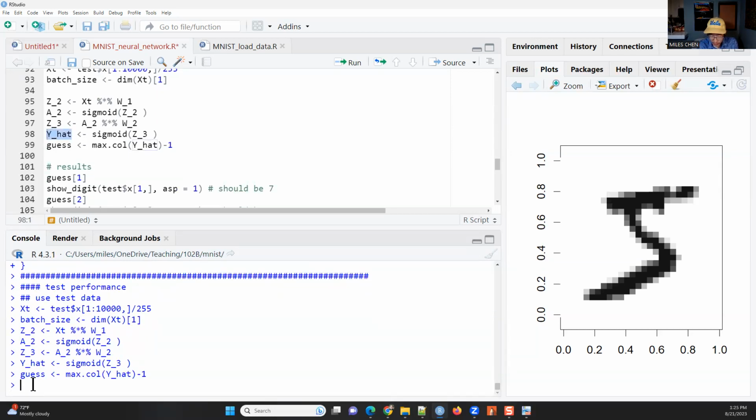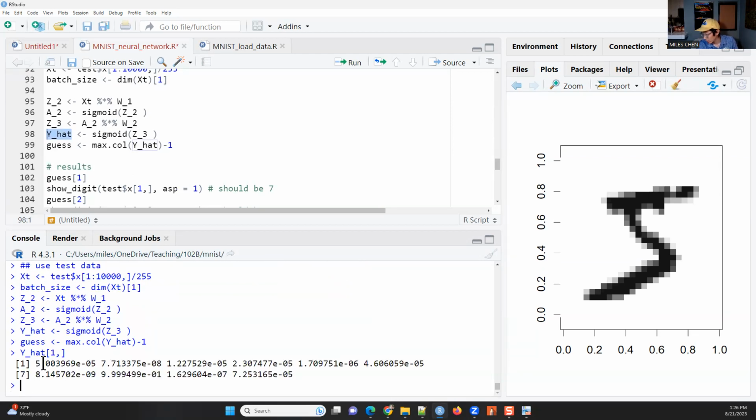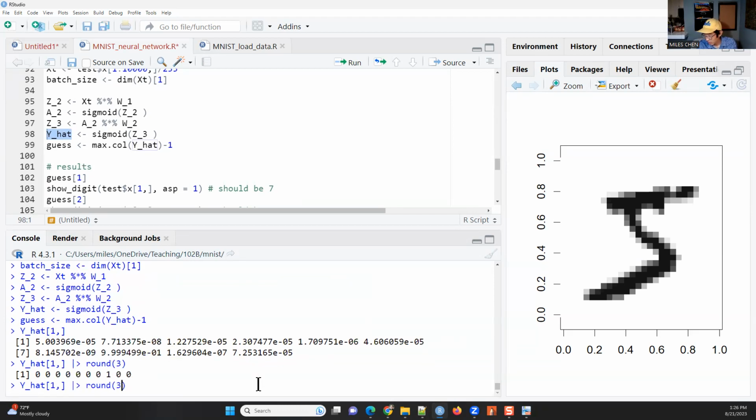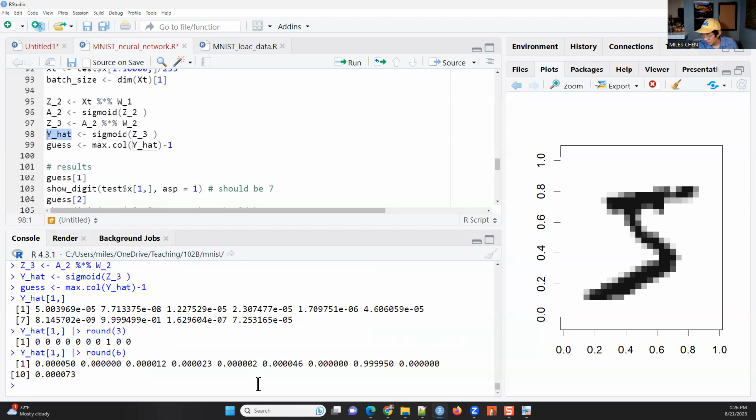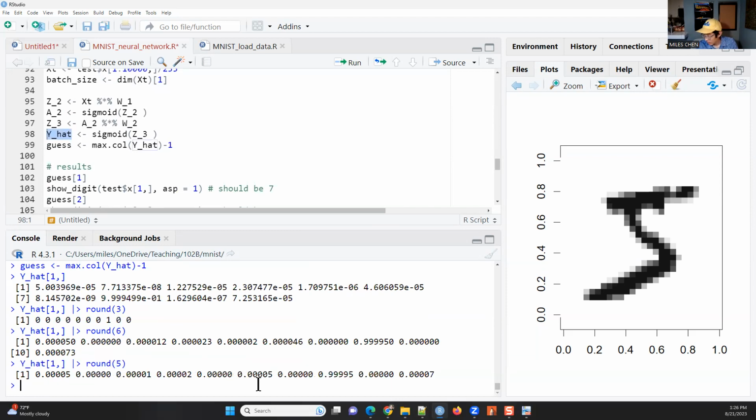And so right now my y-hat matrix, if I look at, say, the first row, I have a bunch of these values. Let me round it to, say, 5 decimal places. And so this seems like it worked out well.